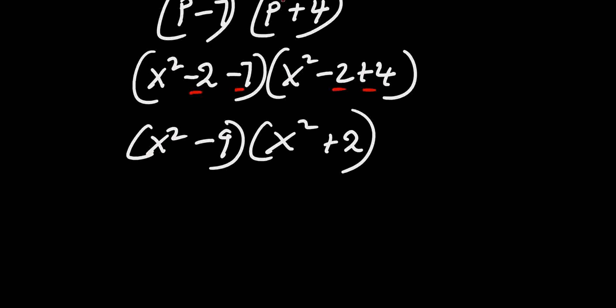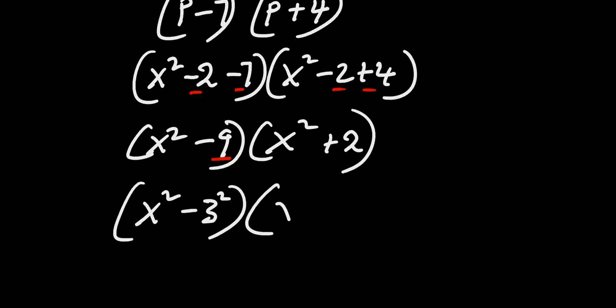is a squared number, so we can simply write this as 3 squared, and this will become x squared negative 3 squared, x squared plus 2.